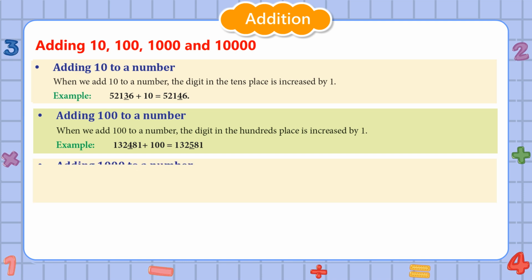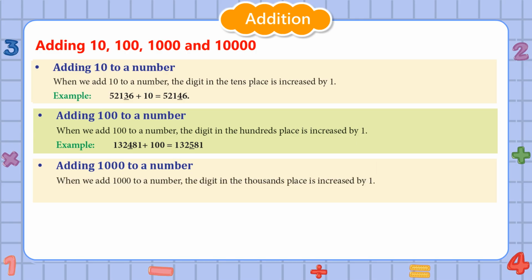Adding 1,000 to a number. When we add 1000 to a number, the digit in the thousands place is increased by 1. Example: 36,184 plus 1000 is equal to 37,184.